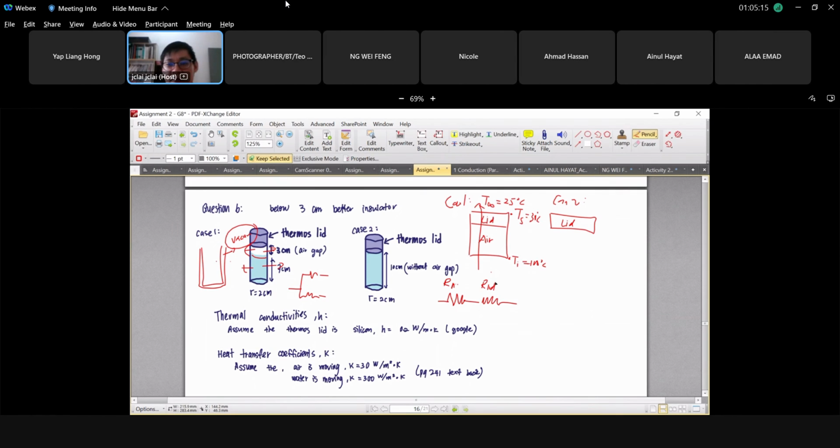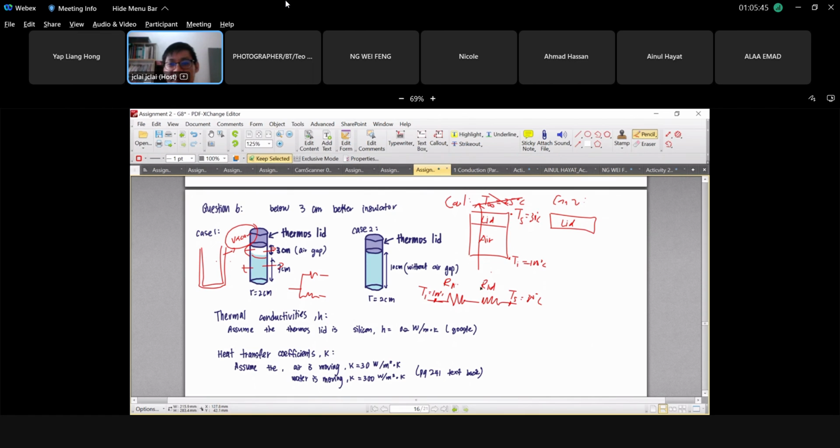Okay? Then you only need to have 2, right? This is your T in. T in equals to what? 100. This is your T surface of the lid, right? Forget about the T ambient. Okay? 30 degrees Celsius.